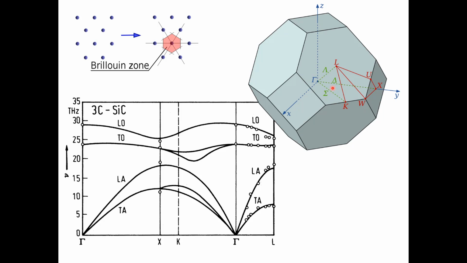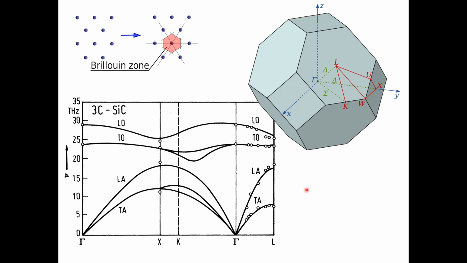And so by symmetry, this is the smallest section of the Brillouin zone, and here is the phonon spectrum that shows you the phonon frequencies as a function of k vector in this object. Okay, so this is how you think about phonon band structures.